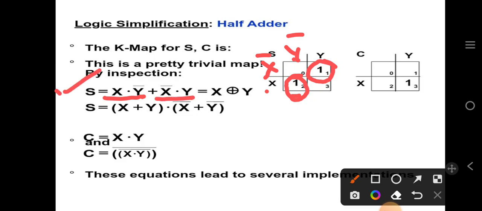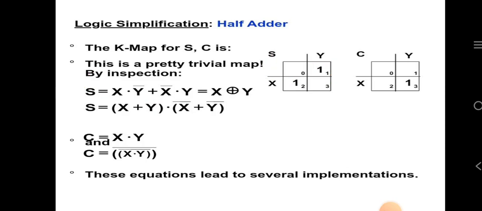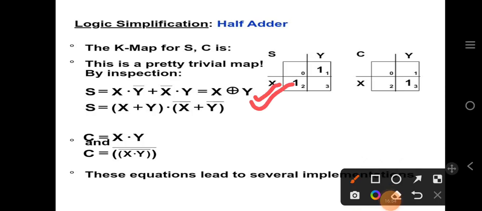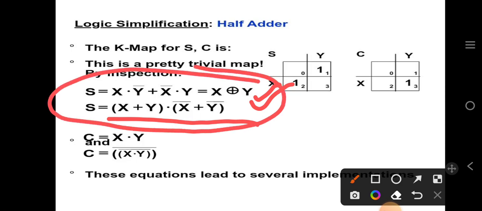So the equation we got is x dot y bar plus x bar dot y. So this is nothing but the x or y, the XOR operation. It can also be represented like this, x plus y dot x bar plus y bar. So this is the equation for the sum.